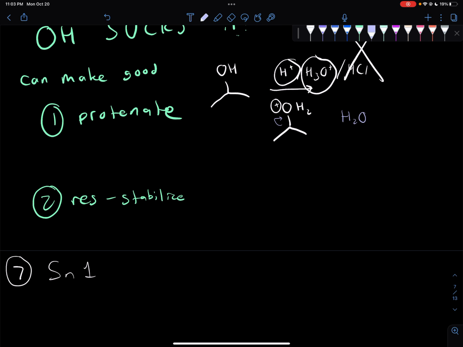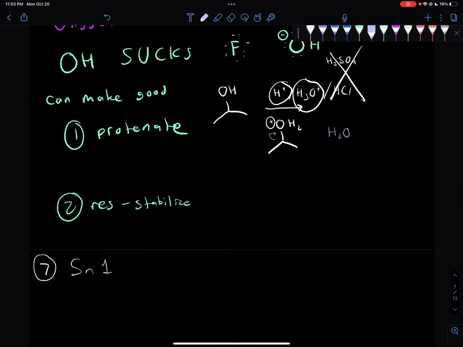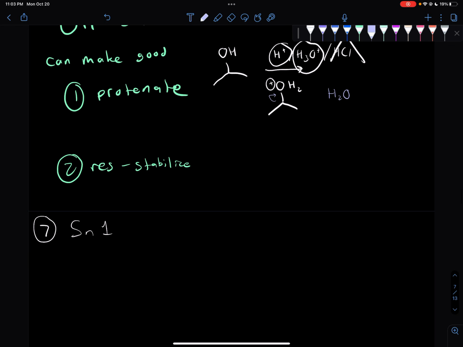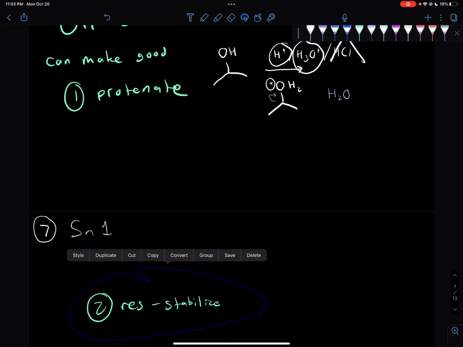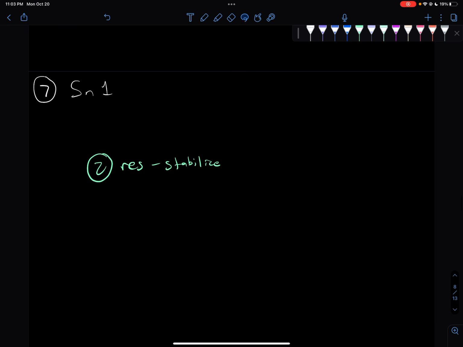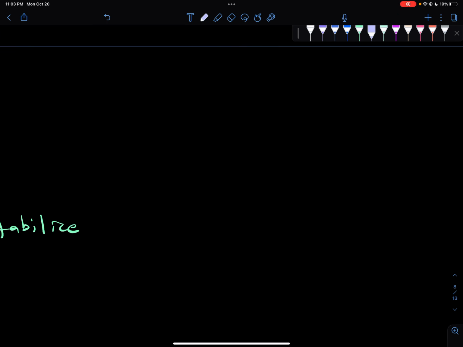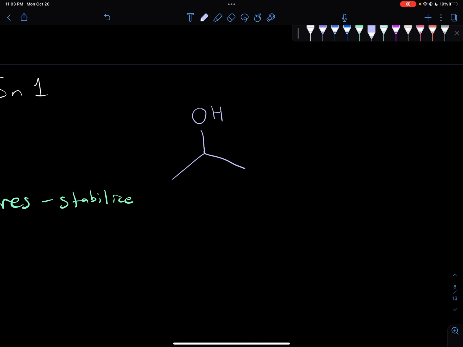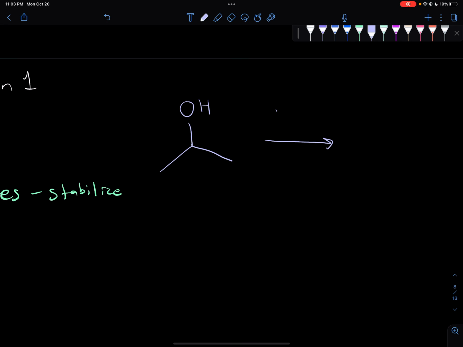Now option 2, resonance stabilization. Okay, I'm going to bring this down here just so I can have some space. Resonance stabilization, what does this mean? The most common method that you learned about in class is tosylation. So you've probably seen this. Tosyl chloride, TsCl and pyridine, right?